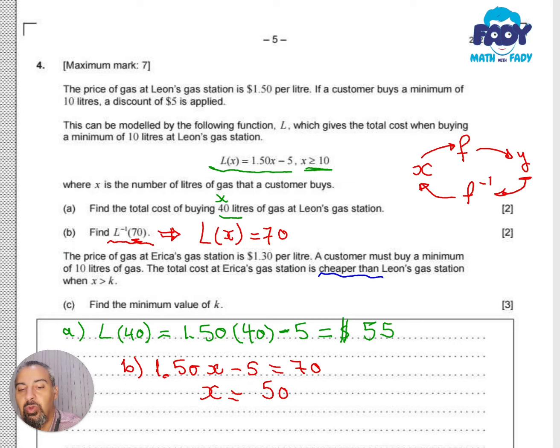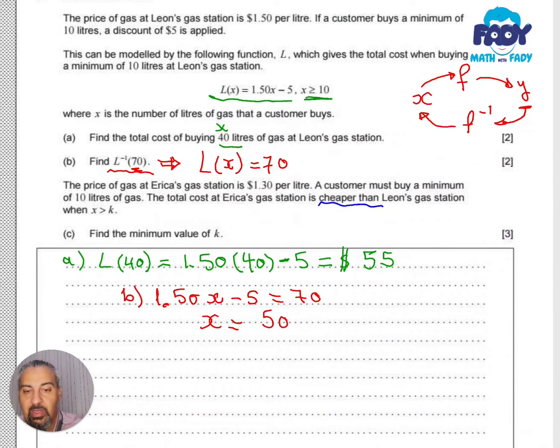So what we need to do is translate these words into an equation, or to be more specific, into an inequality. Total cost at Erica's gas station. So what is the total cost at Erica's gas station?